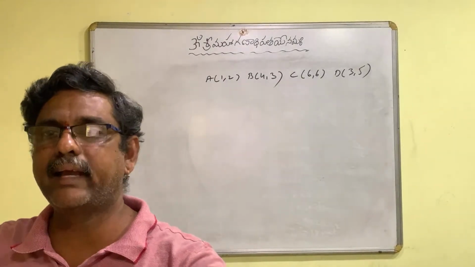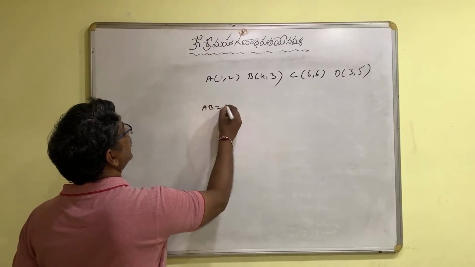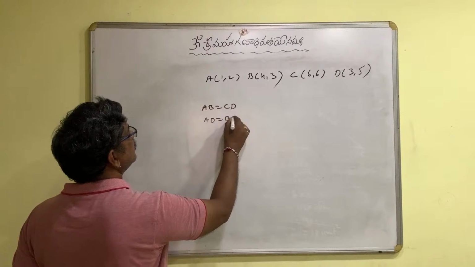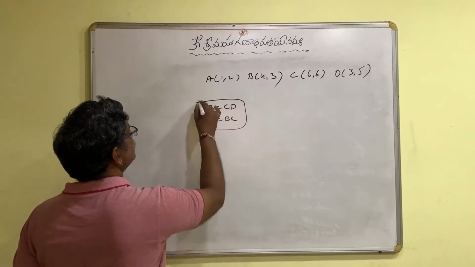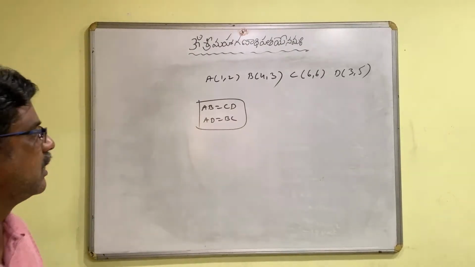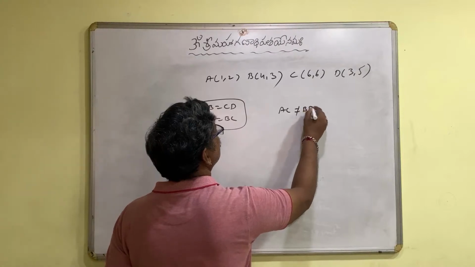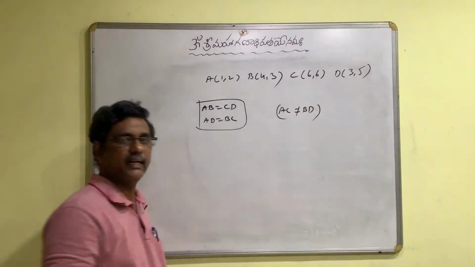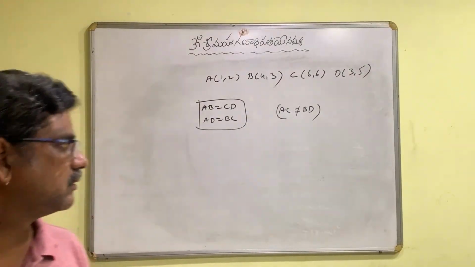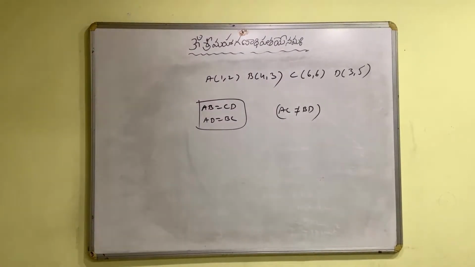So calculate the opposite sides. If opposite sides are equal, and the diagonals are not equal, then we can say that they are the vertices of a parallelogram, but do not form a rectangle.